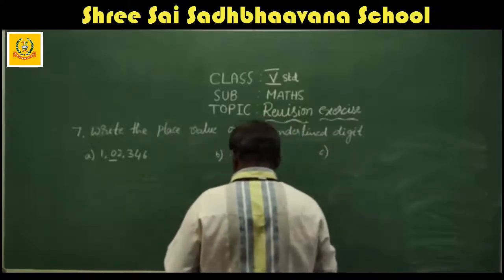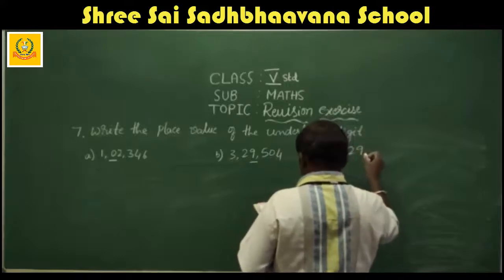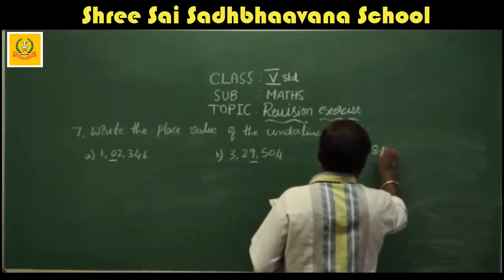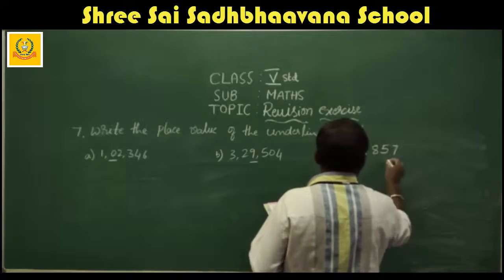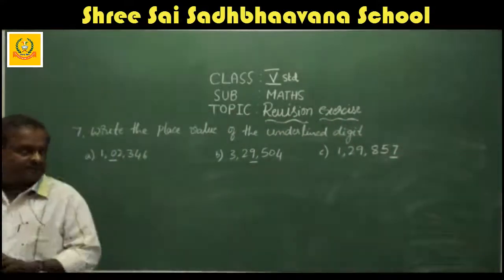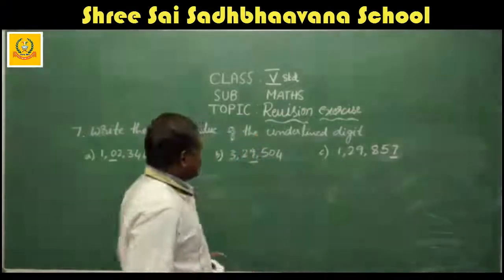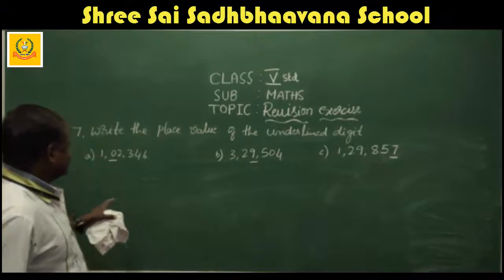Third, 1,29,857. Here they underlined the 7. Here what is the place value?